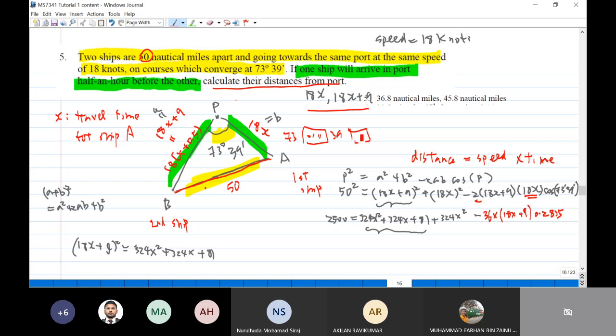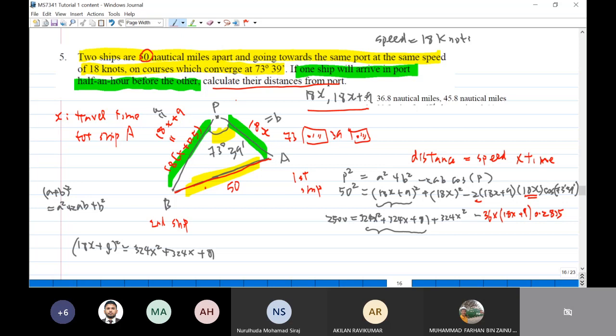Then you get this angle. This is how you enter 73 degrees 39 minutes. Then you press cosine.